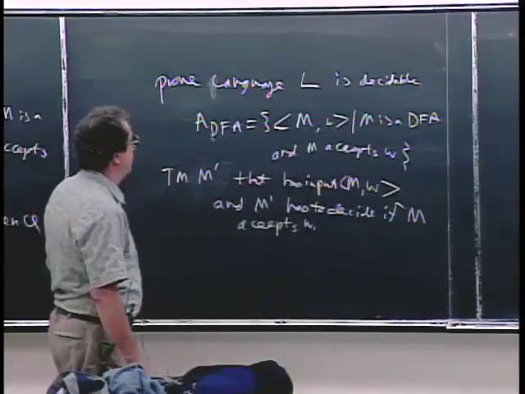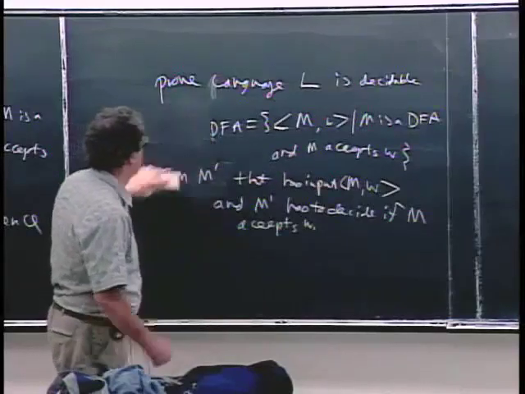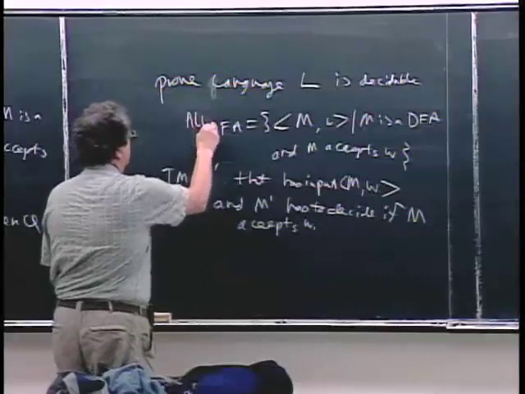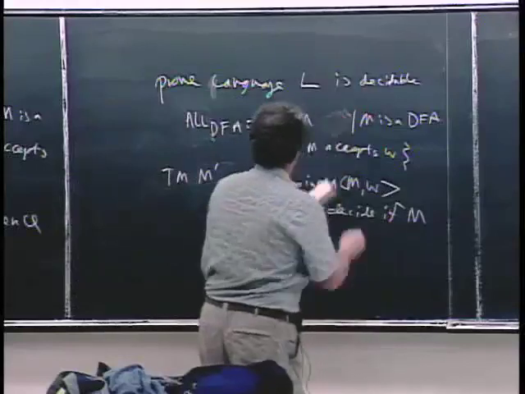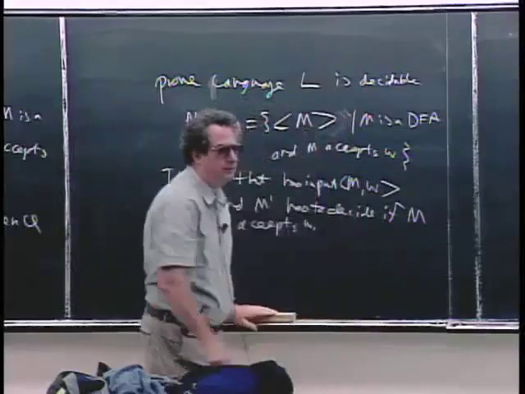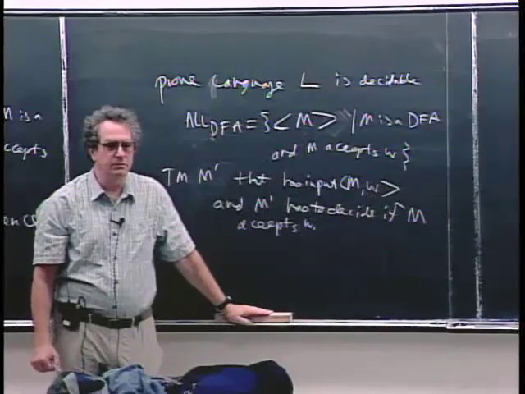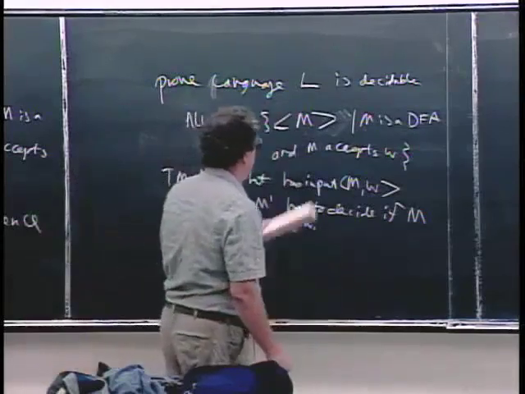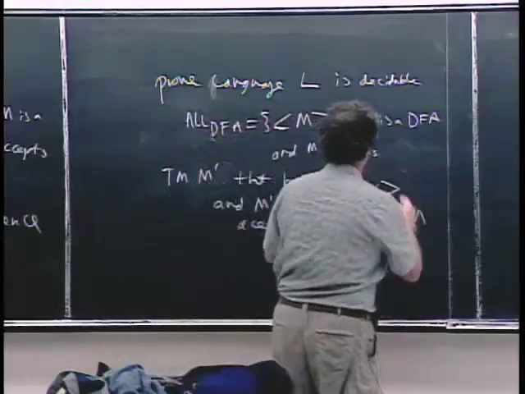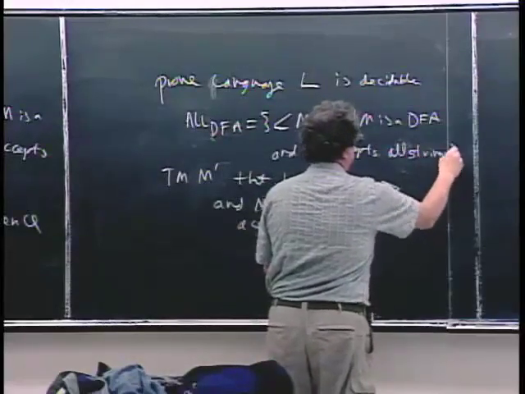Okay, but now let's take a different one. Let's take ALL_DFA, which I think is on your homework. And by the way, what is the actual symbol that's used for a DFA in the homework? Do you know? Does anybody remember or have it in front of you? Oh, well, I'll call it M. M accepts all strings. Okay?